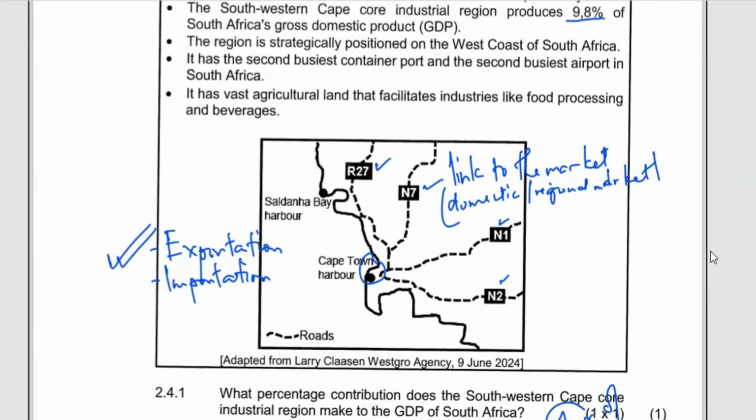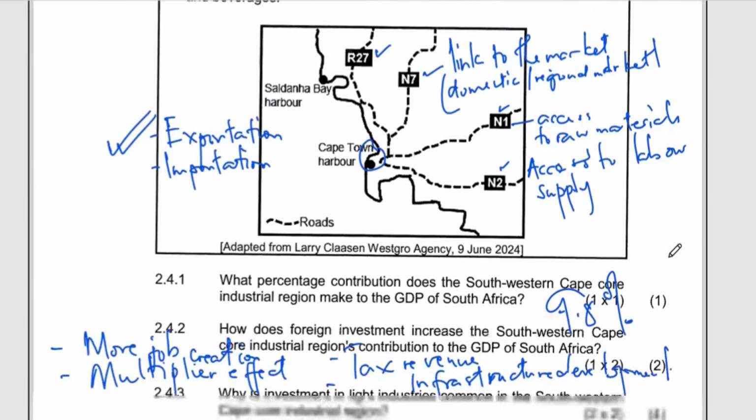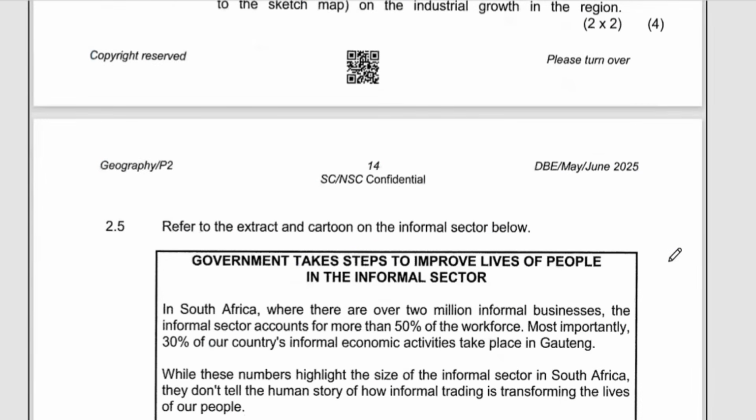Then we can also talk of access to raw materials through the roads. The roads can also be beneficial by allowing access to labor supply. People can travel along those routes, go and work in the core industrial region from different areas. So for that reason, you can justify that that is the benefit of having those roads and the harbors.